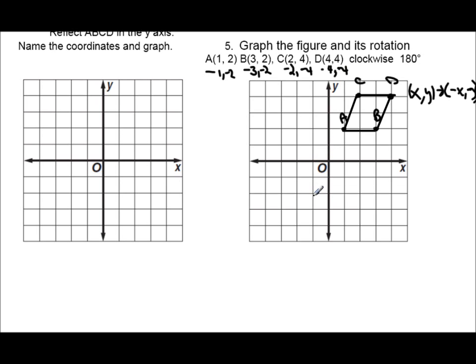So (negative 1, negative 2) is A prime, (negative 3, negative 2) is B prime, (negative 2, negative 4) is C prime, and (negative 4, negative 4) is D prime. Connecting our points gives us our final image.